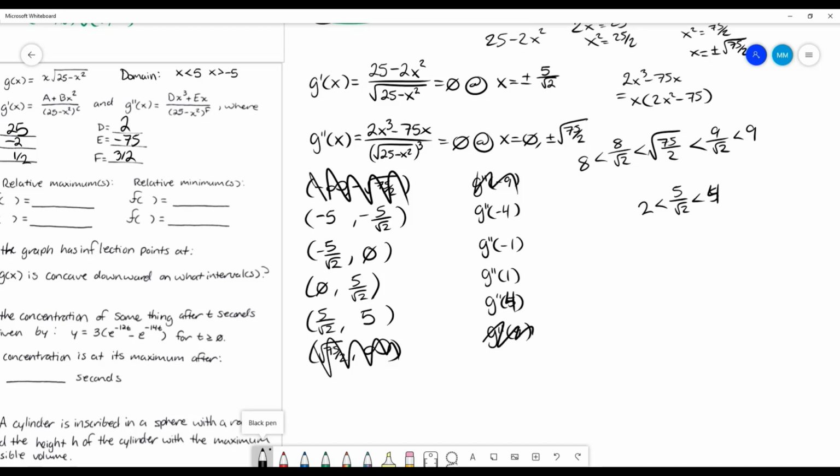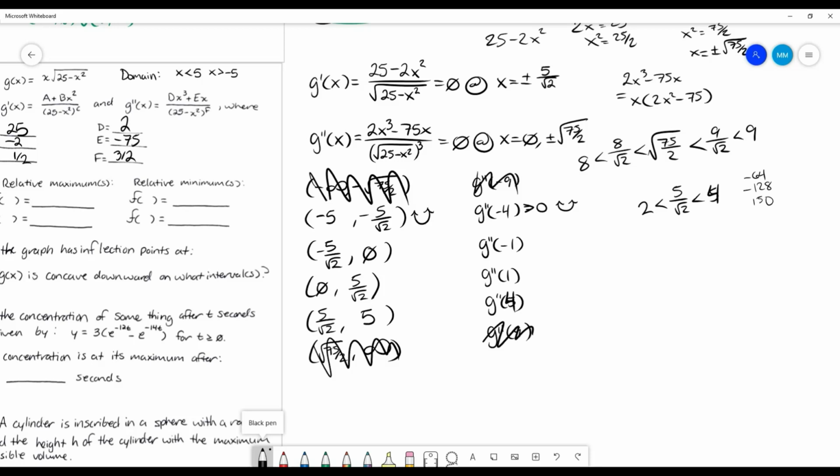And that's going to be -4 to the third is, I think, -64. -64 times 2 is 128. Minus 75 times -4. 75 times 2 is 150. So it's already going to be bigger. So it's going to be greater than 0. Okay.